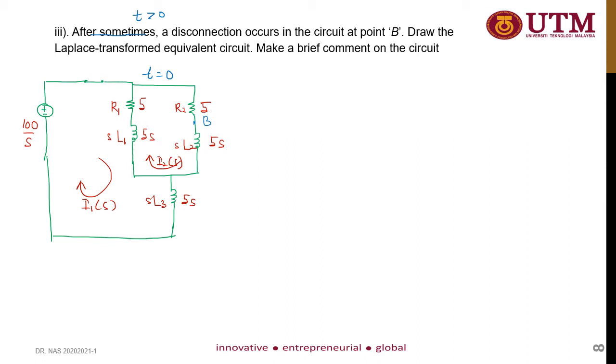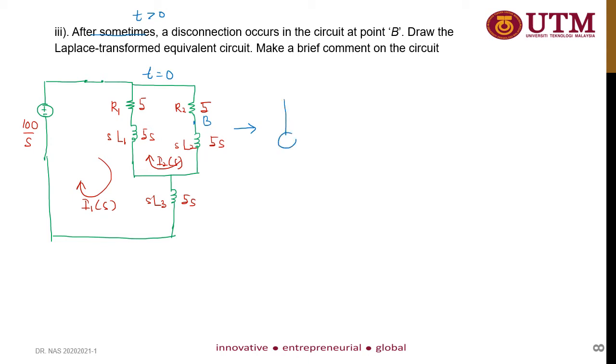Therefore, at t equal to 0, there's current flowing through the inductors, so you need to consider the initial current crossing all the inductors. So in this case, after some time, now the disconnection occurs.